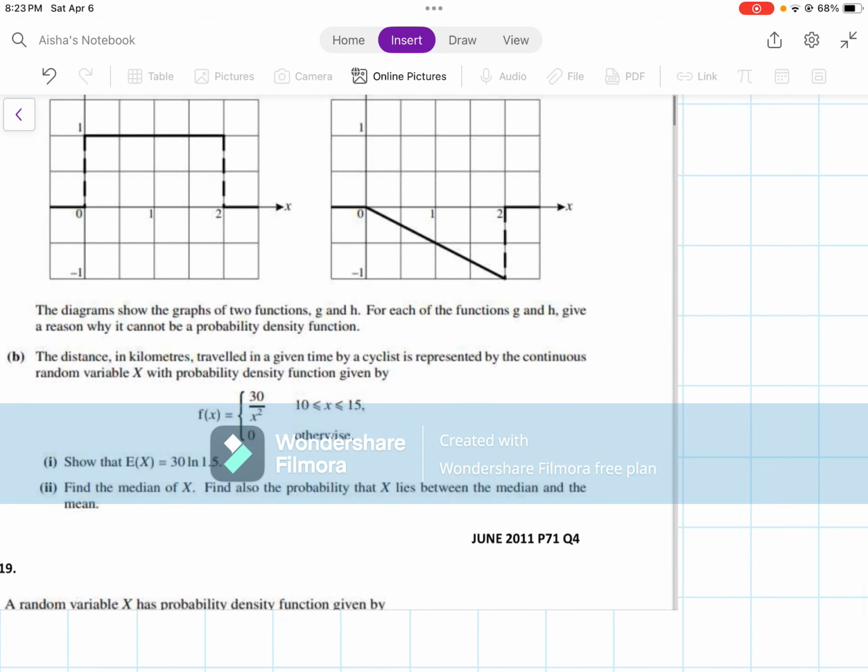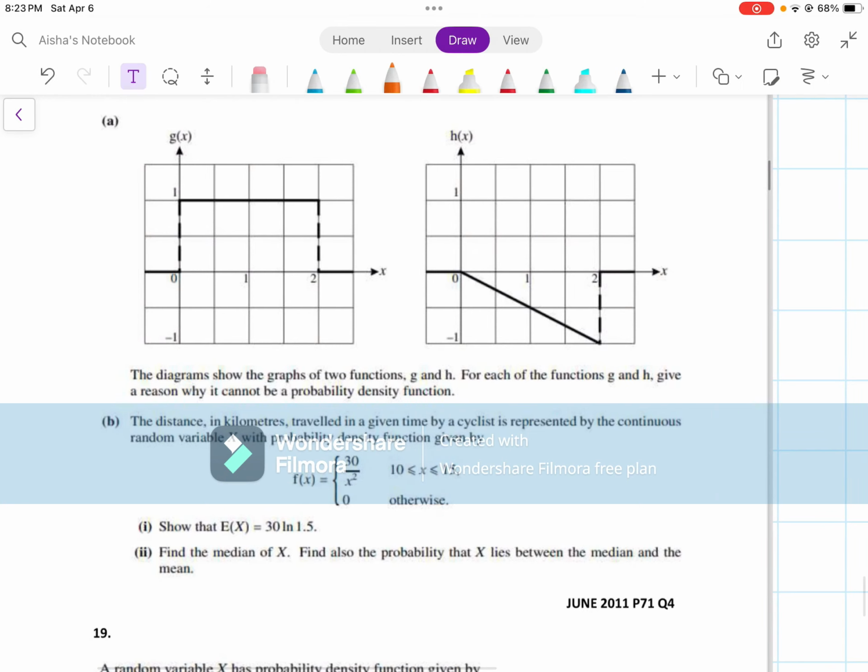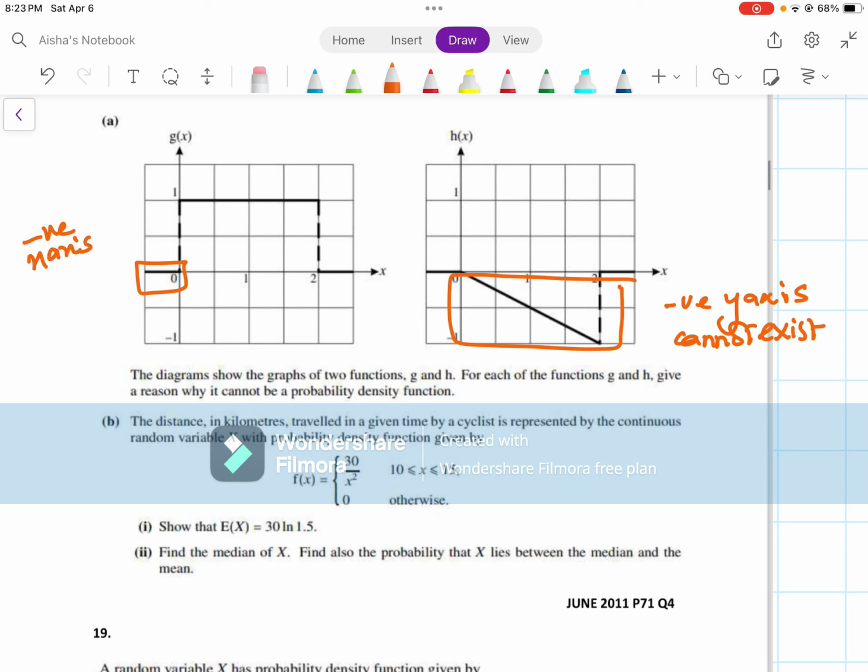The diagrams show for each of the functions. Give a reason why it cannot be a probability density function. This cannot be a probability density function because it is in the negative y-axis. And this does not exist because of negative x-axis; well, negative x-axis is still an acceptable thing, but if you look at the area, this is 2 by 1, the area is 2.